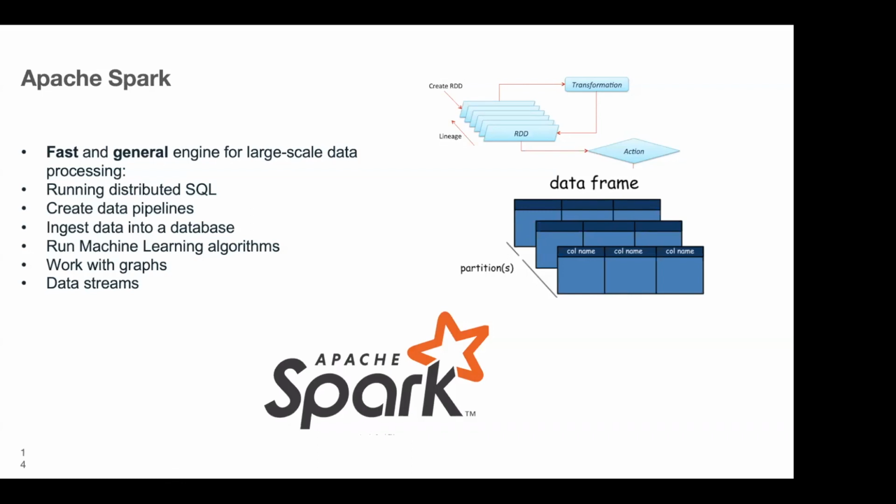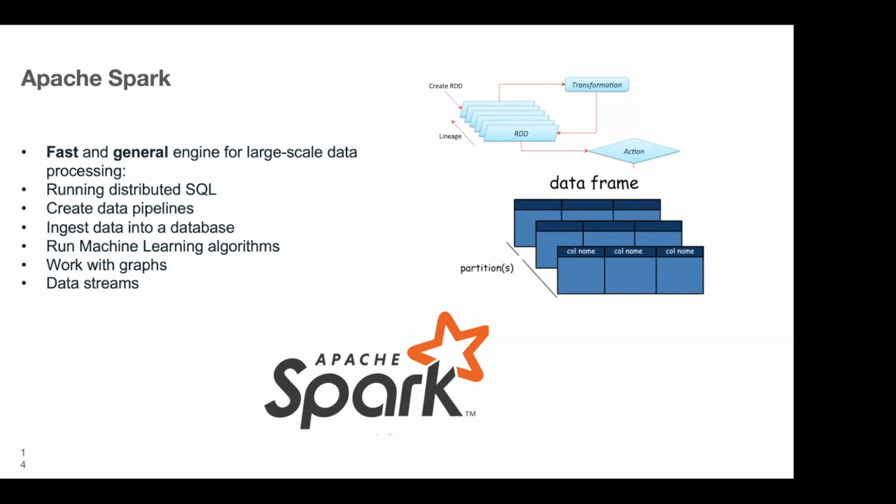Many of the machine learning algorithms have already been implemented and are available in the Spark library, so you don't really need to implement them yourself. They are ready to be used. There are also different models implemented with RDD and with data frame concepts.